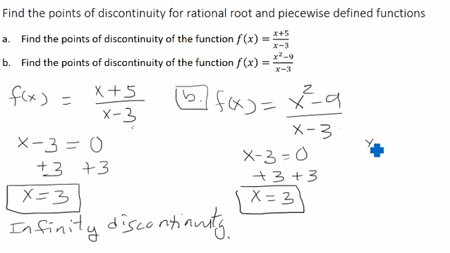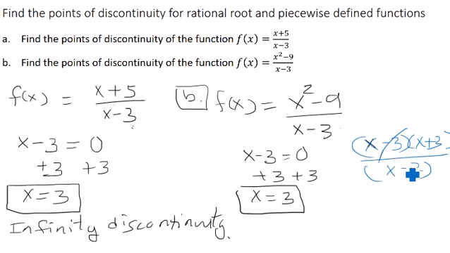That's why I just want to separate it from the main answer. So x minus 3, x plus 3, and in the denominator you have x minus 3, so you can cancel those two, and then you got x plus 3, which is a linear function.